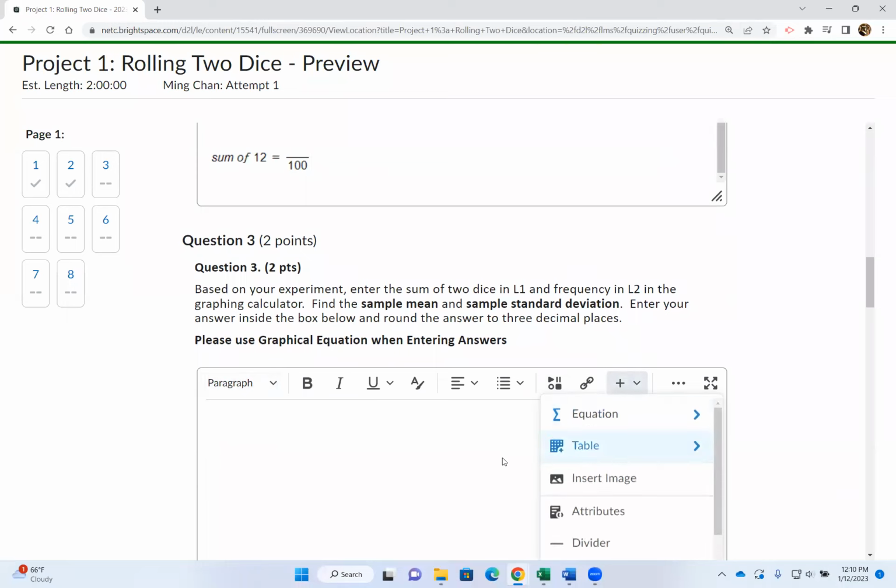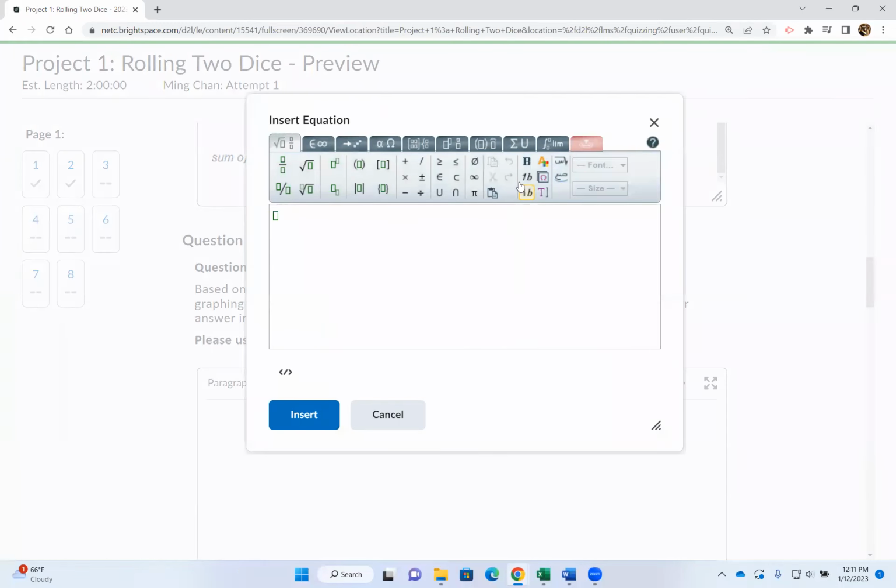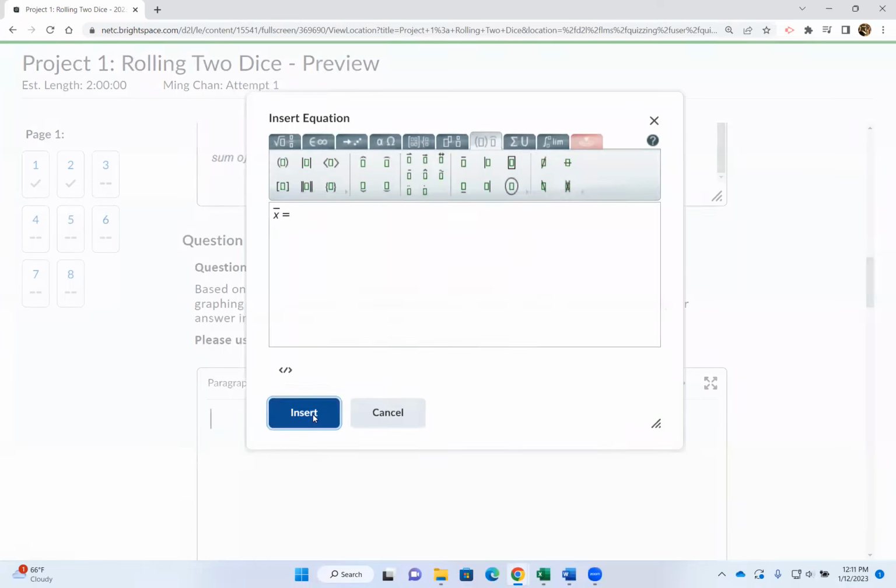So use the graphing calculator. Here you will say for your sample mean, which is X bar. So we will come over here, look for X bar. All right, outside of the box equals, see, there you go. Your X bar is so much.